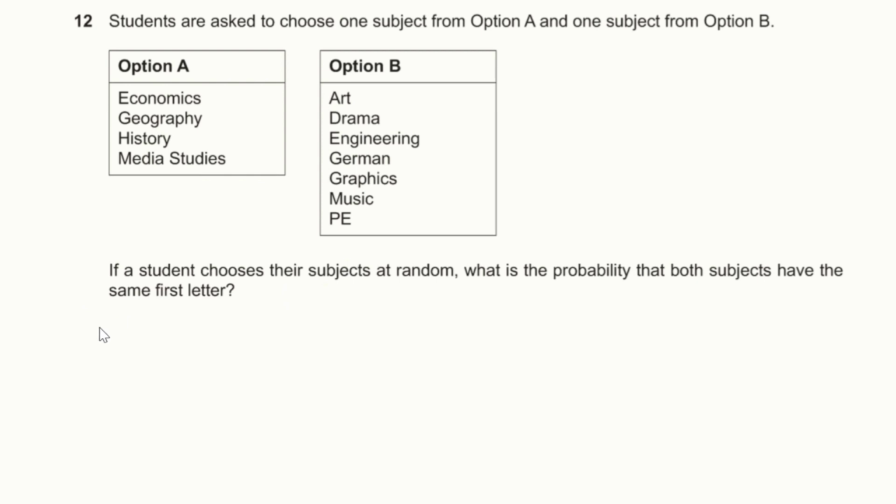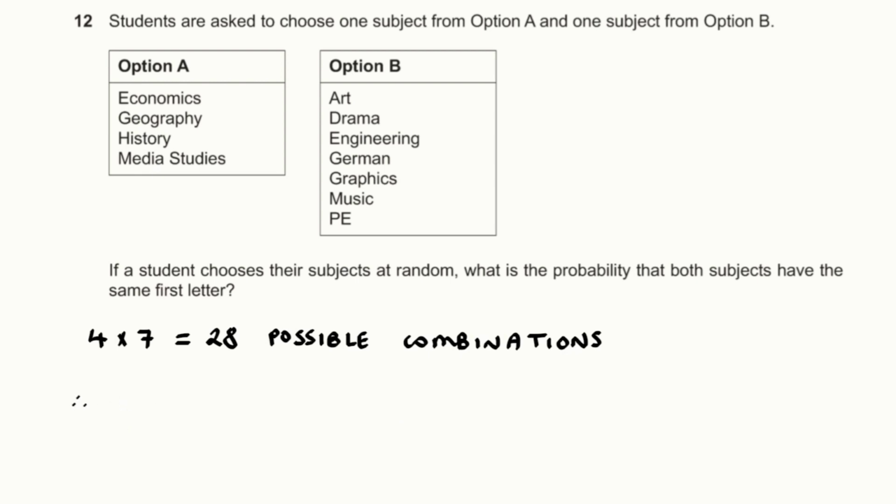What you can see is there are 4 times by 7, which is 28 possible combinations.